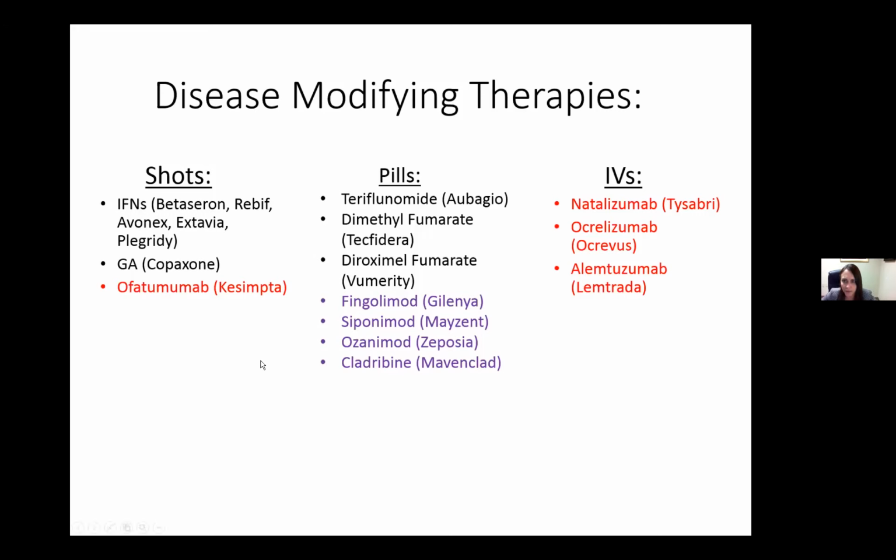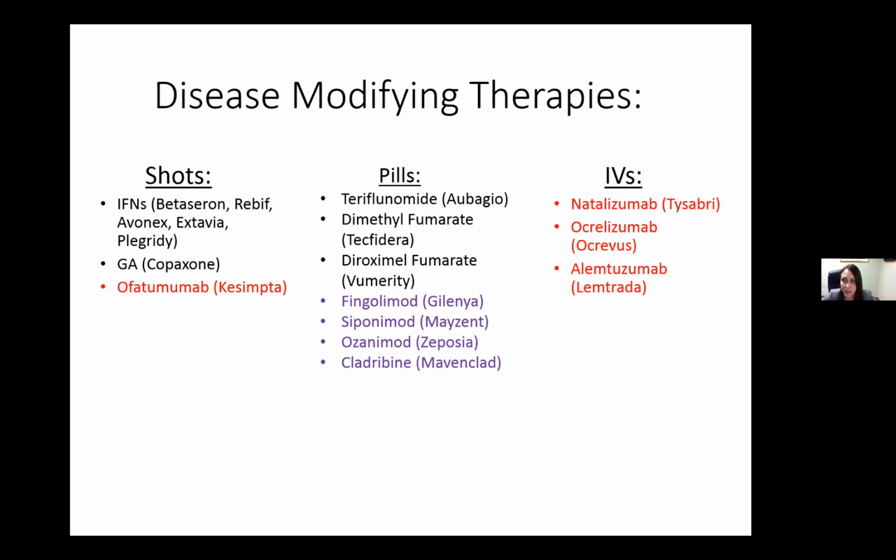And I kind of color coded these. So the red ones are ones I think of as being high efficacy medications. And these are the ones I tend to use in patients who are younger and just getting diagnosed, who I'd really like to treat high efficacy initially, because our evidence now, it looks like perhaps the old escalation model isn't the way to go, and that treating with high efficacy early on may reduce the risk of having severe disability later, and it may even prolong that initial relapsing remitting phase and delay the onset of progression.